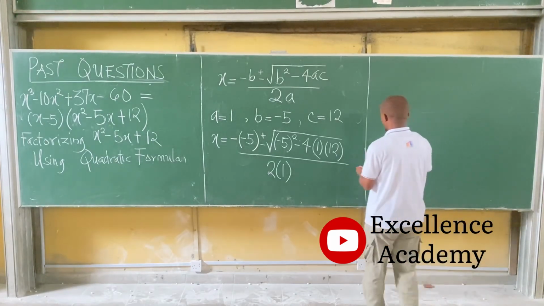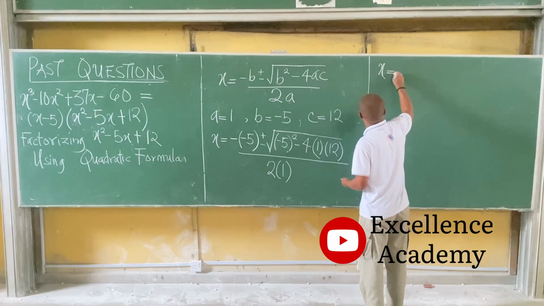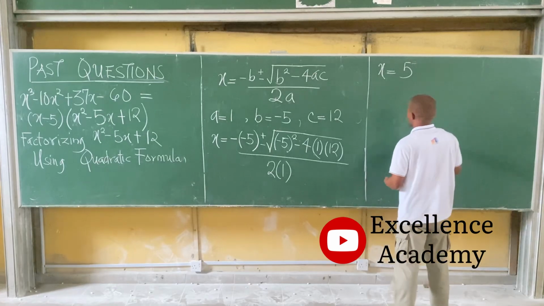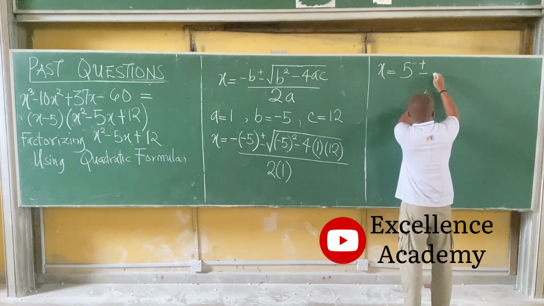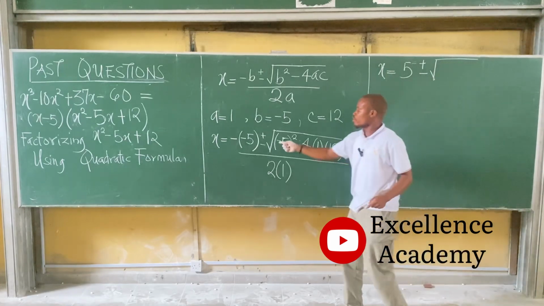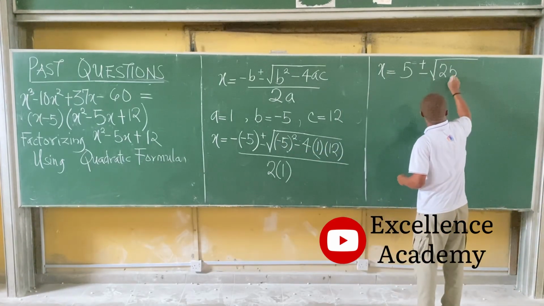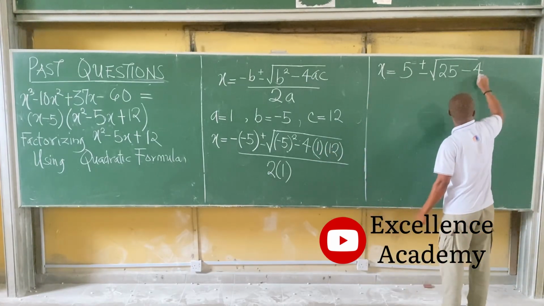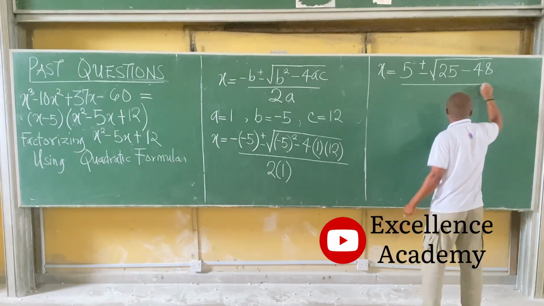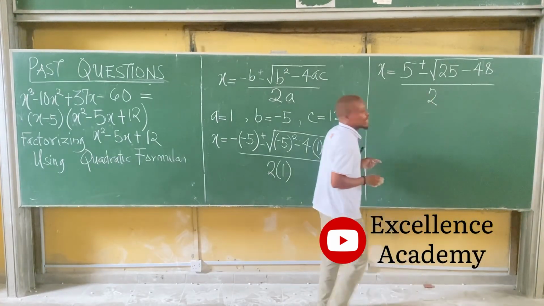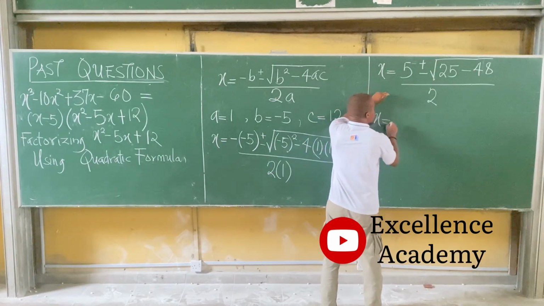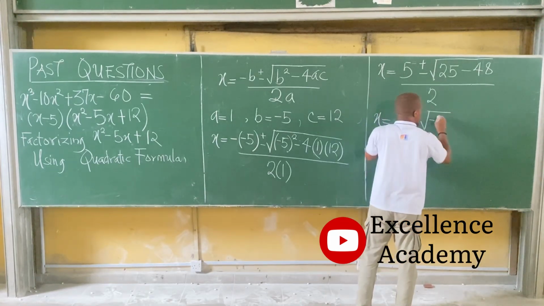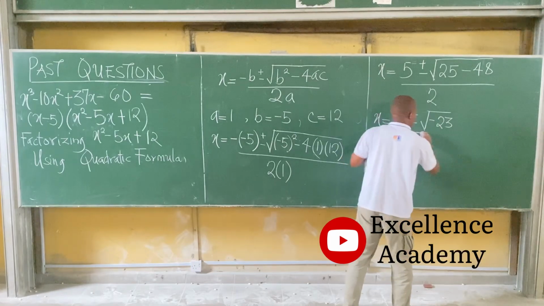Therefore x is equal to minus times minus gives a plus 5, plus minus the square root of minus 5 squared, which is 25, minus 4 times 1 times 12, which is 48, over 2. And therefore, my x is equal to 5 plus minus the square root of minus 23, over 2.